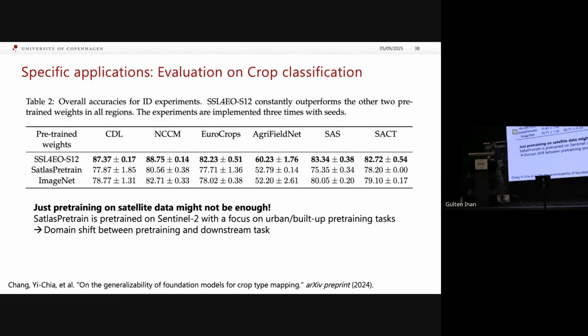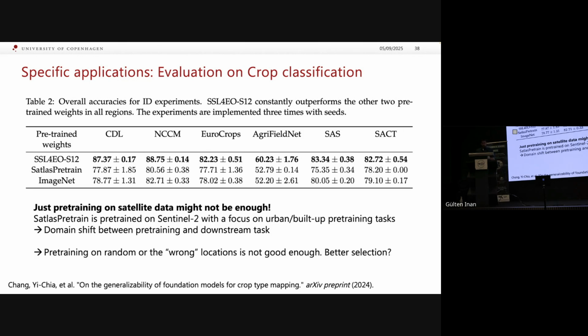And the most interesting thing, I guess, is that this SATLAS pre-train was pre-trained on Sentinel-2 images, like the downstream task is using, but it only performs just on par with a model that was pre-trained on ImageNet. So that's a bit of a negative result, but I guess the main reason for this is that this SATLAS pre-train was trained with a focus on urban tasks. So yeah, this was not really designed to map crops, I would say.